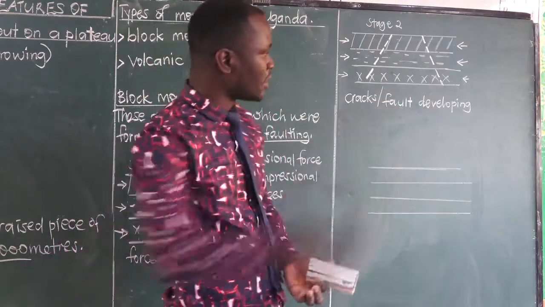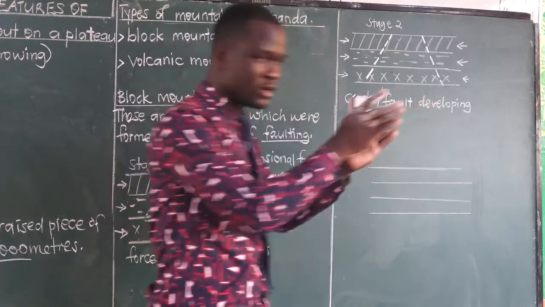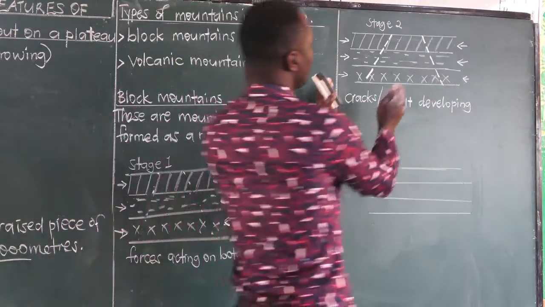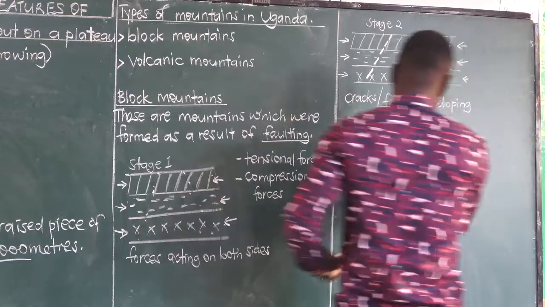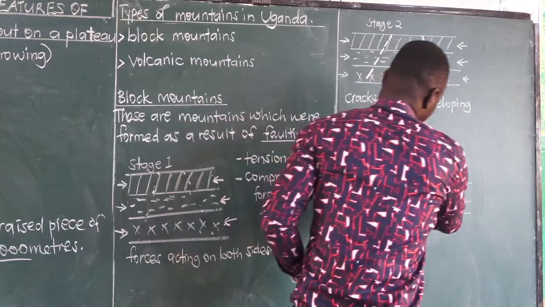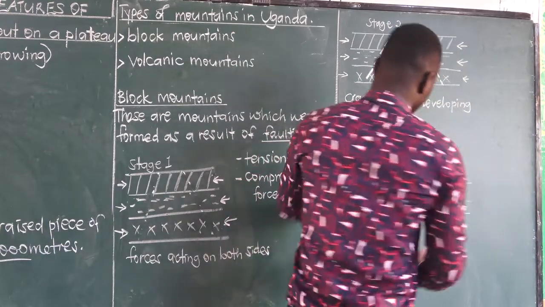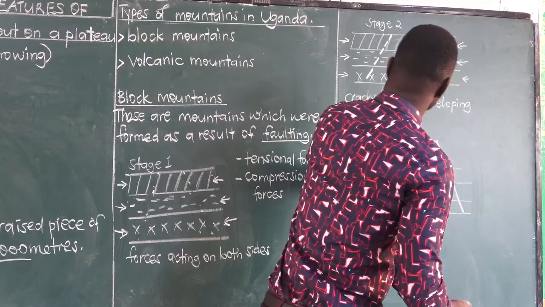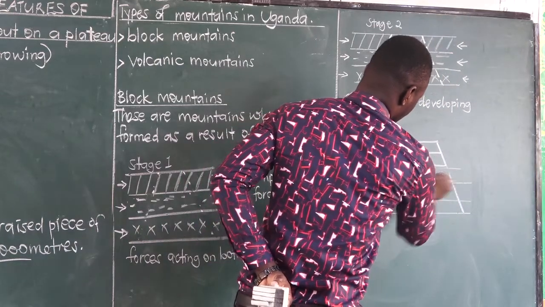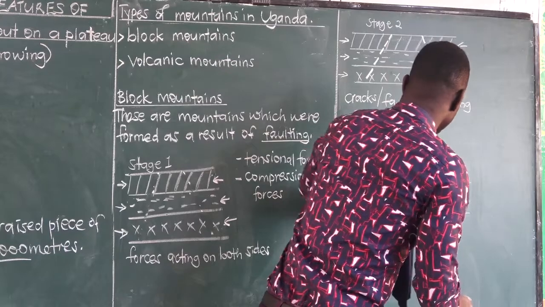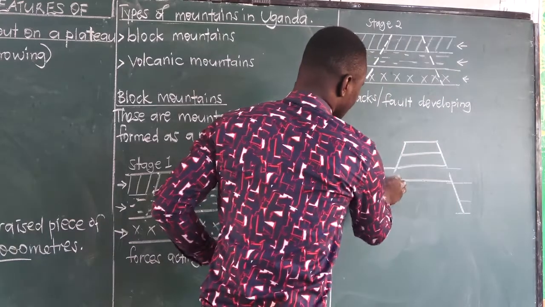That's now what we call a fault. Now, after that complete tear, this middle part will be pushed to rise up, meaning we are going to have our diagram drawn like this. The middle part is pushed up, whereas the other part, the sideways, remains.